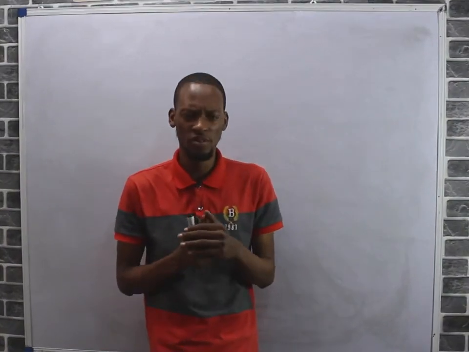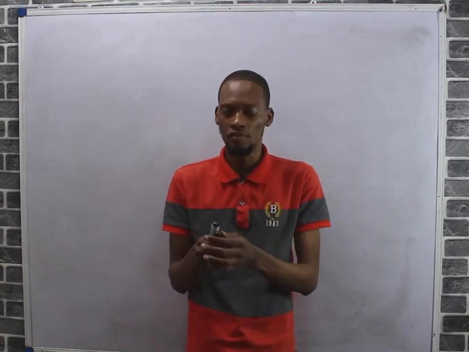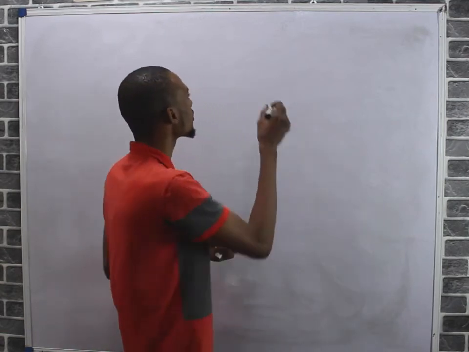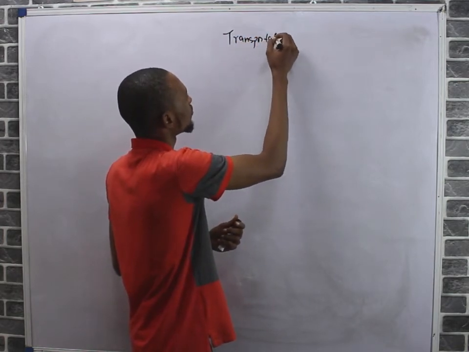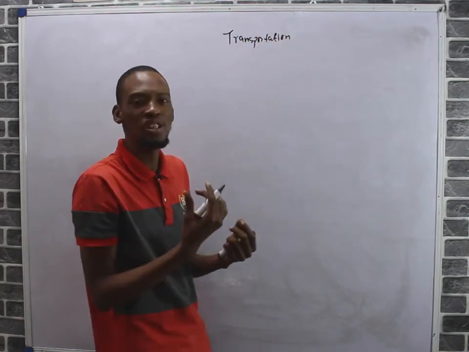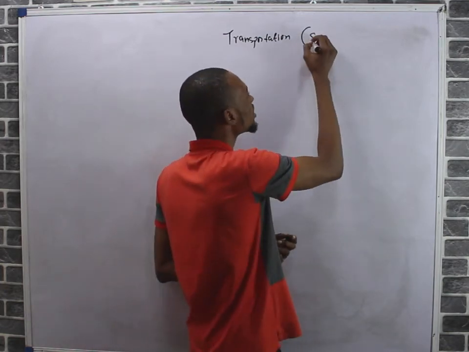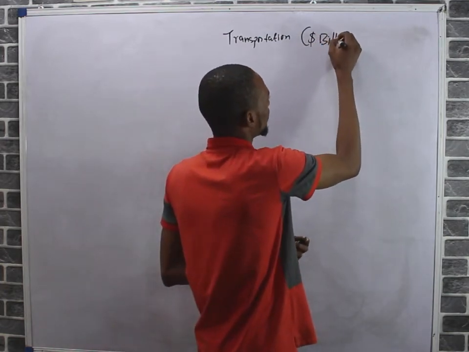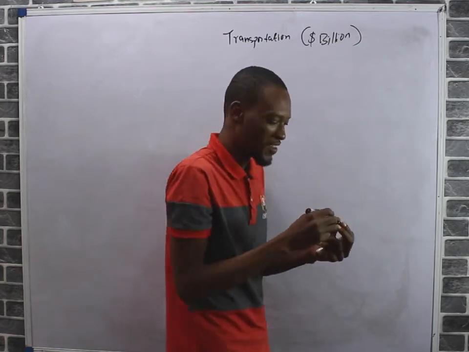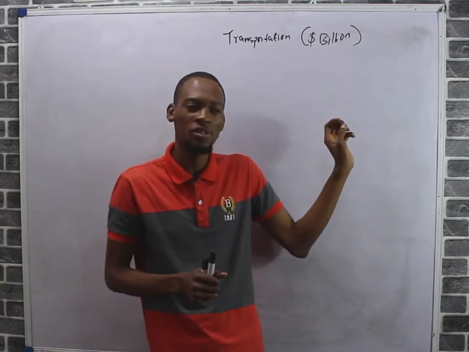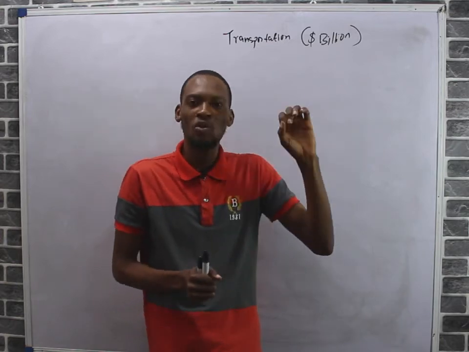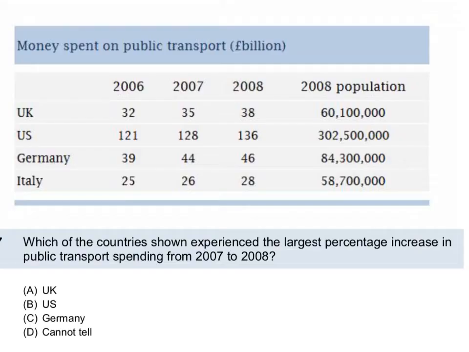In question 7, we are given a table of money spent on transportation, and the money spent is in billion dollars. So one thing we shouldn't waste our time on in this type of question is the zeros. When we are adding values or multiplying, leave the zeros behind.